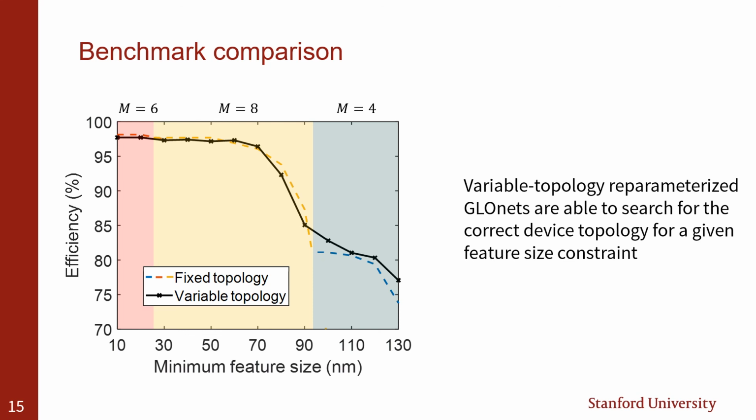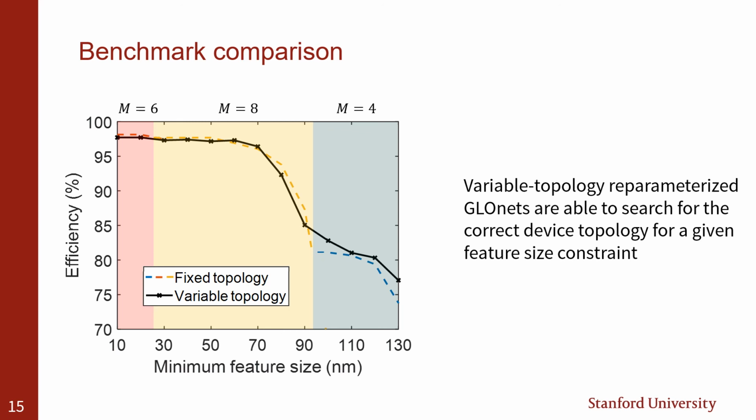So finally, here we revisit this graph and show benchmark analysis of our variable topology reparameterized GlowNets. By comparing with the fixed topology case, which is shown in the dashed line, we see that our variable topology scheme is able to search for the correct device topology for a given minimum feature size constraint.